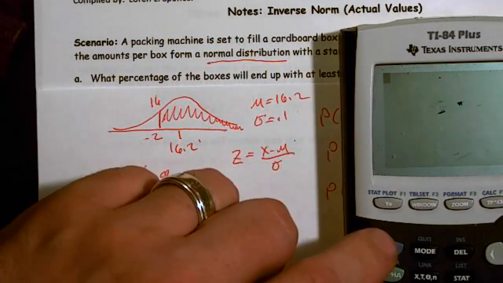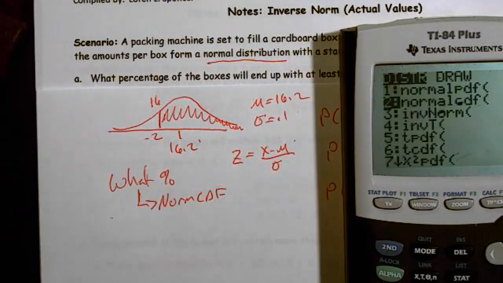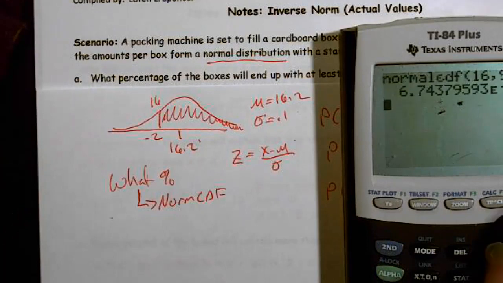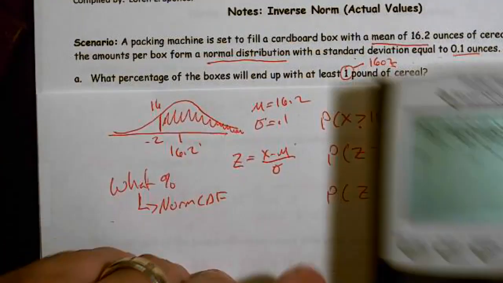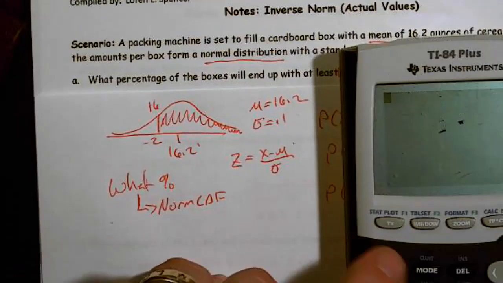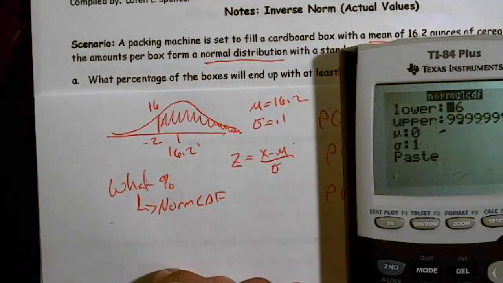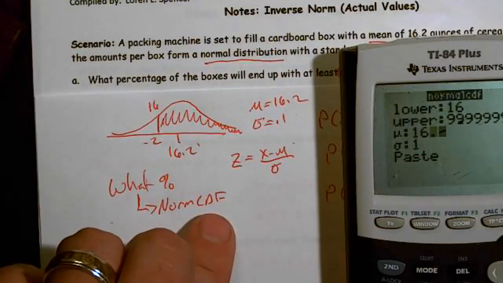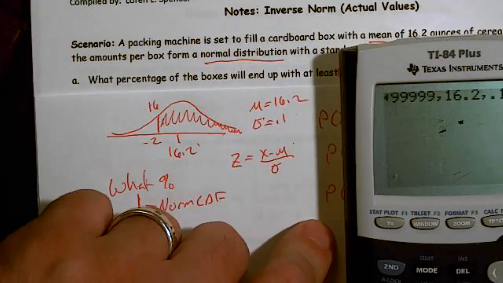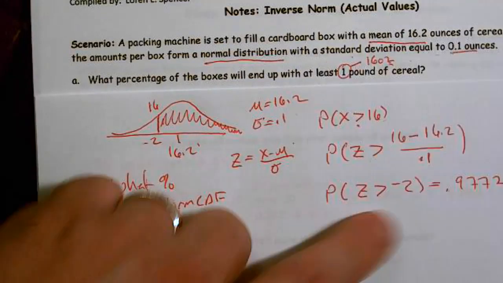I can go second vars, normal CDF, and use the 16 lower bound, upper bound positive infinity, mean 0, standard deviation 1. Somehow I did that incorrectly. Second vars, normal CDF, 16.2 for my mean, and my standard deviation is 0.1. There we go. We get the same value.